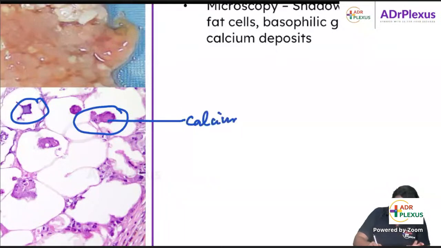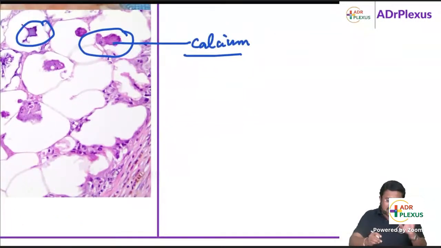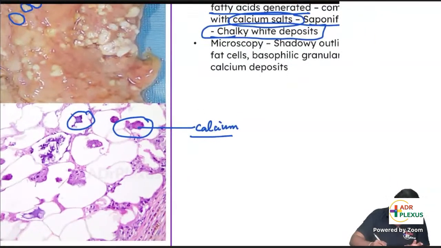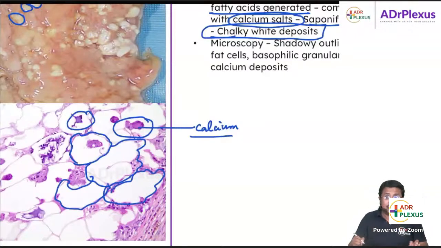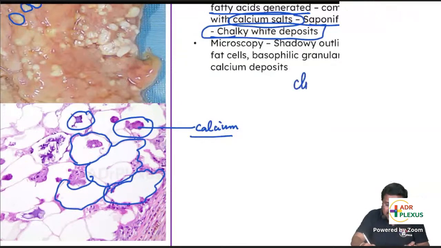So calcium deposits. And what you can see is the fat cells appearing shadowy in appearance. The shadow outline of the fat cells will be there. This shadow appearance can also be called the cloudy appearance.